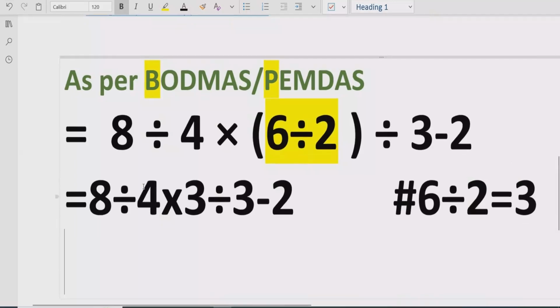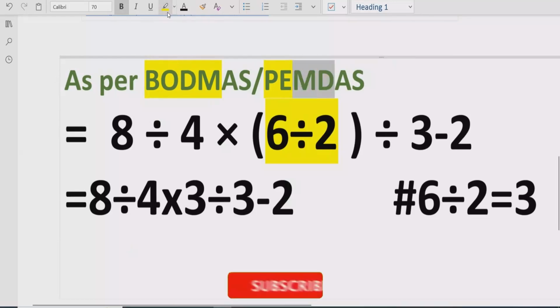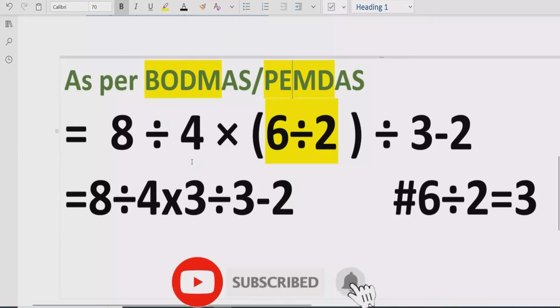Now move forward. We have solved the bracket. Now we have to see the exponent part or order of operation. But in our expression, we do not have any number which has a power. So we can skip this step. Now move forward to division and multiplication. Again, we follow the same rule for both.